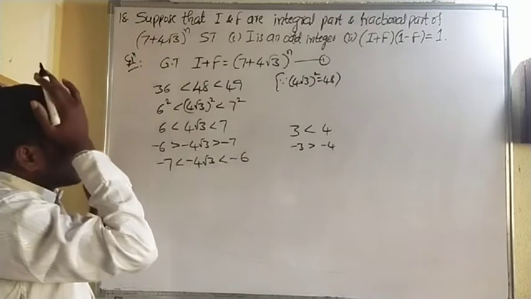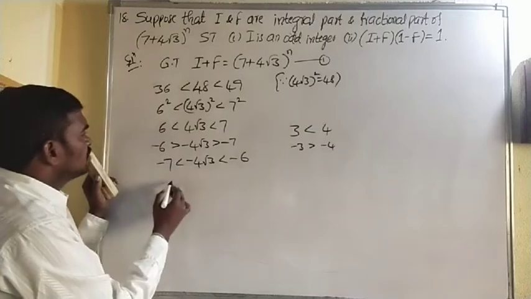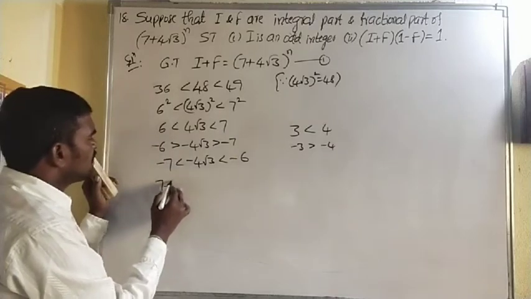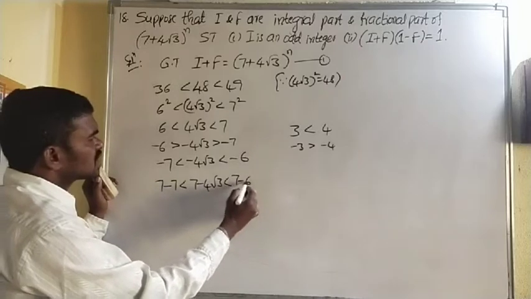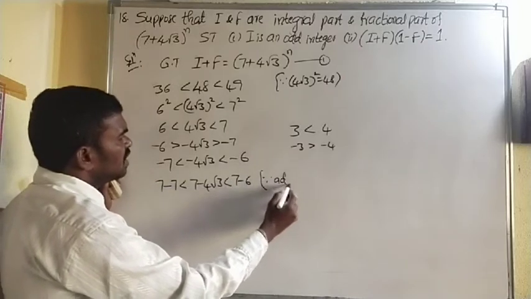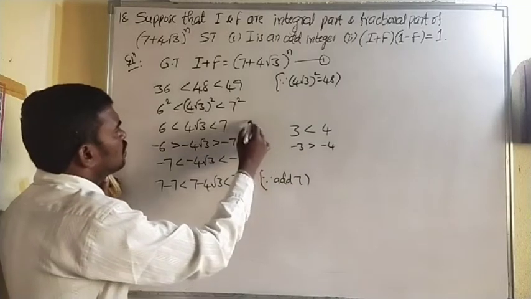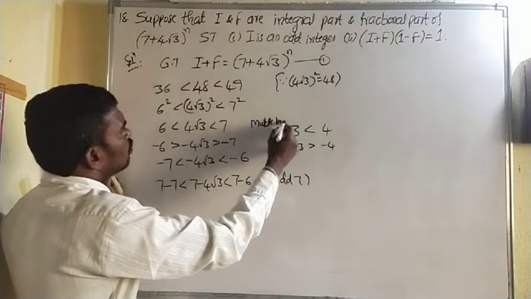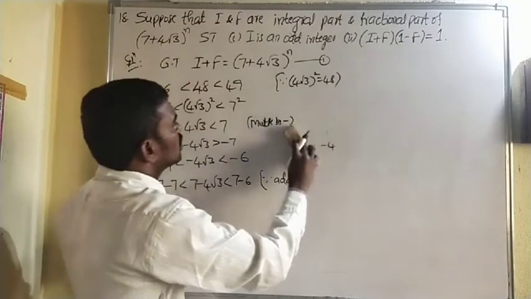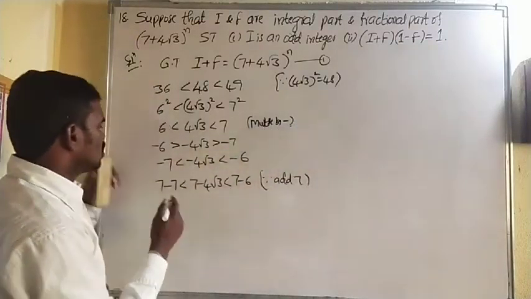Okay. So I am adding 7 on both sides. So 7 minus 7 less than 7 minus 4 root 3 less than 7 minus 6. What we did: multiply by minus, add 7. Next, 7 minus 7 is 0.